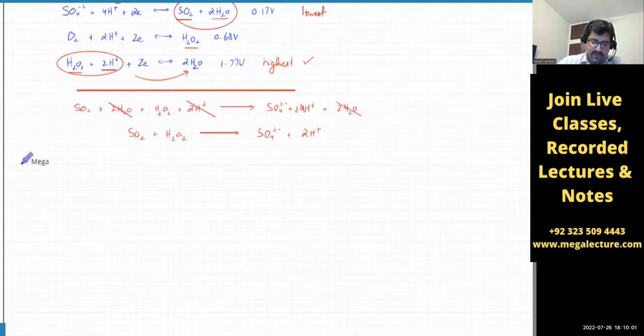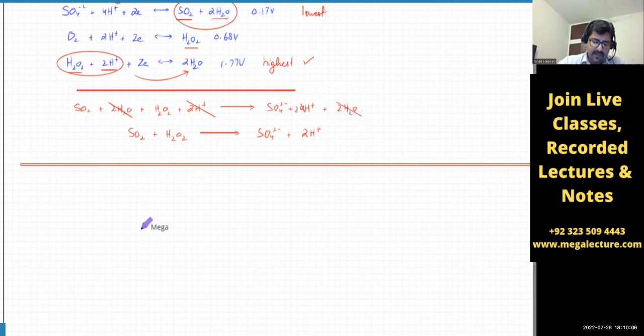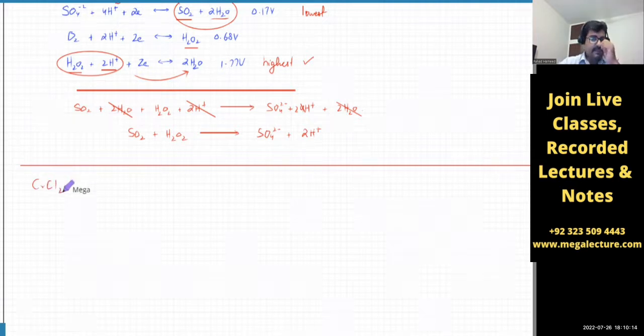So I want to figure out a reaction. What's going to happen if I have CrCl2 and that CrCl2 wants to react with acidified potassium dichromate 6, which is basically K2Cr2O7, and it's acidified.